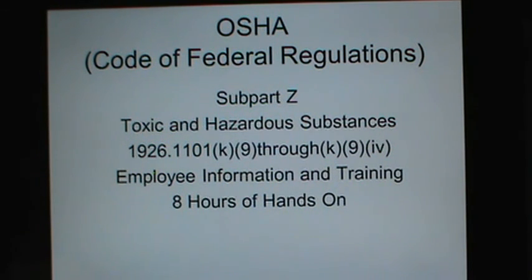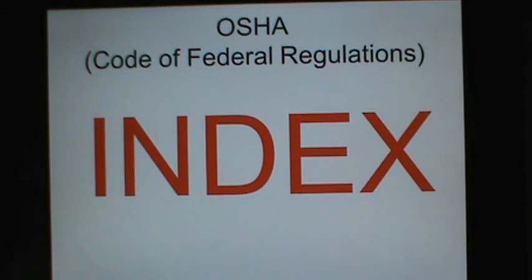The last sentence says, such course shall include hands-on training, and it has to be 8 hours. There you go. So I would start at paragraph K9 and read 1, 2, 3, 4, 5 paragraphs. That would end up where it talks about the 8 hours of hands-on.